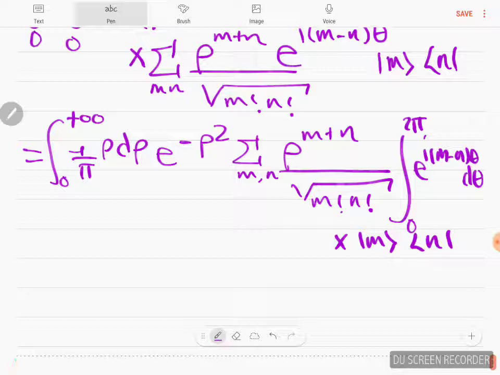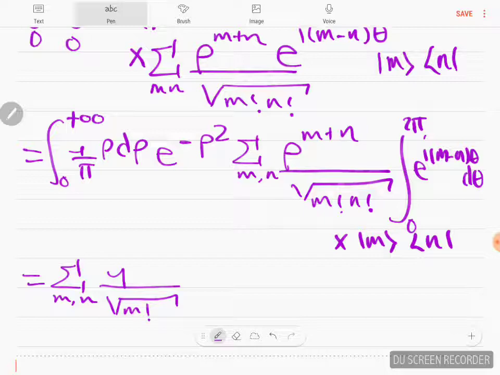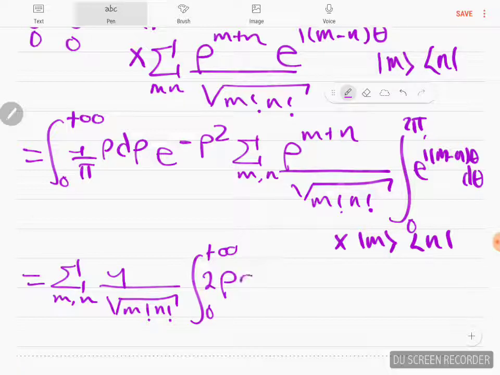We can continue with the simplification in the following way. What we're going to do is pull the summation outside, like this. We're going to multiply and divide by 2 to write this in the following form: 1 over the square root of n factorial, integral from 0 to plus infinity of 2 rho d rho e to the minus rho squared, times rho to the m plus n.